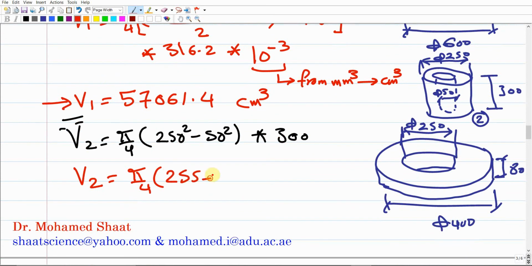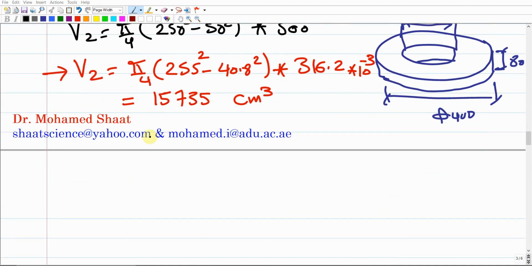So it is 255 squared, negative 40.8 squared, and this should be multiplied times 316.2. Then do the calculation times 10 negative 3 to convert from millimeter cubed to centimeter cubed. If we did the calculations, we got this value.